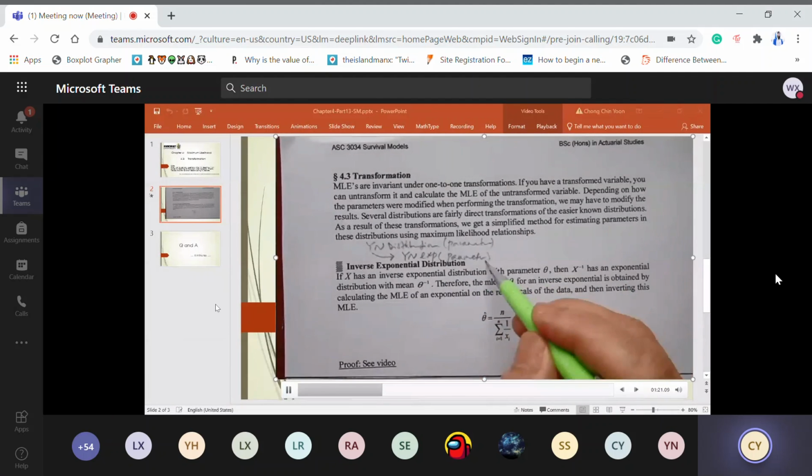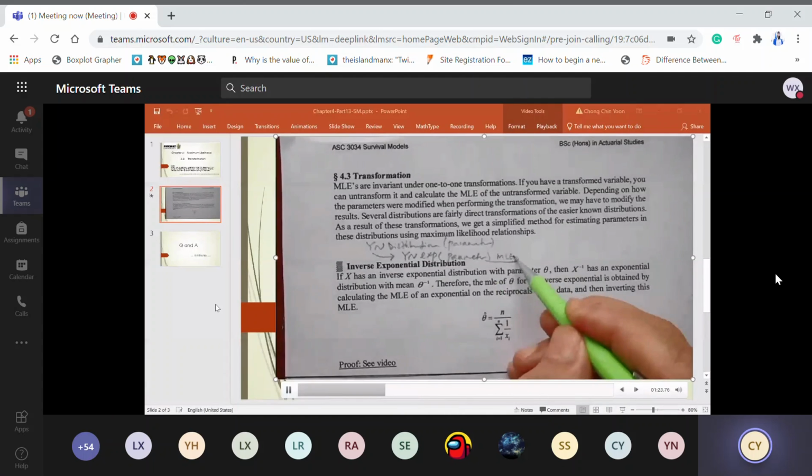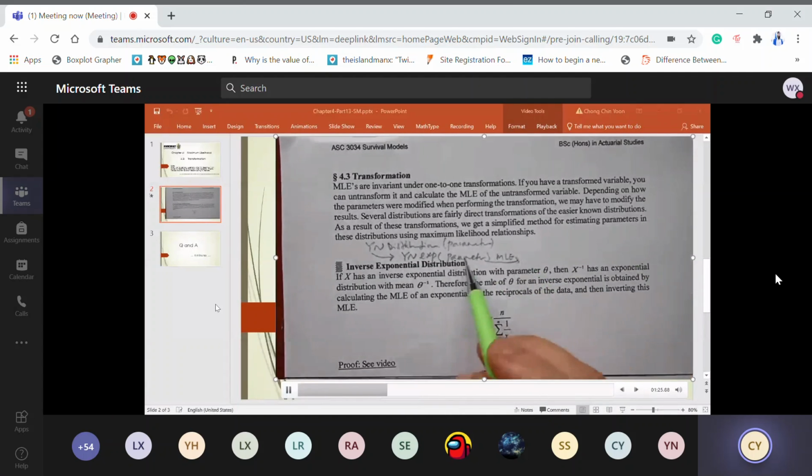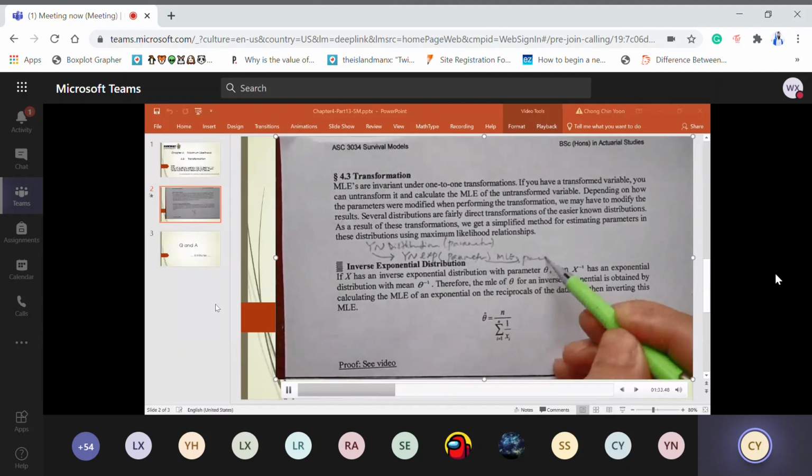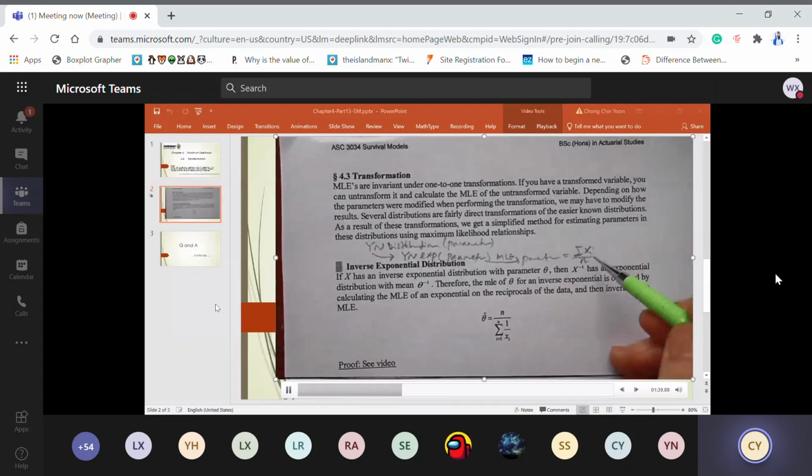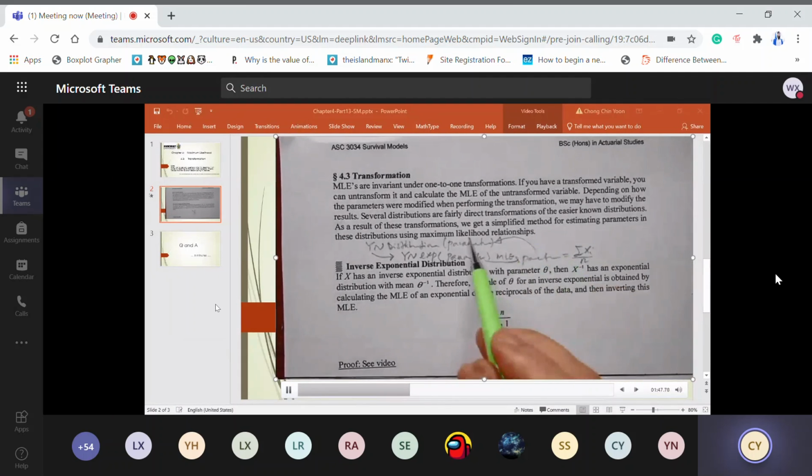So under MLE, we can find this parameter for this exponential distribution. Then this parameter will be equal to the summation of xi divided by n, which is equal to the sample mean. And so, from this parameter, we can determine this parameter of Y.